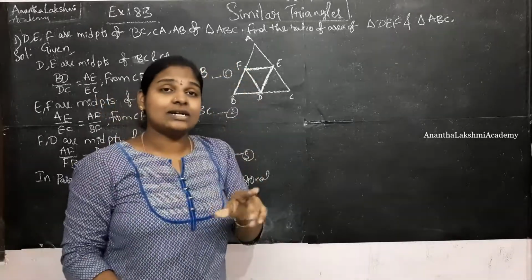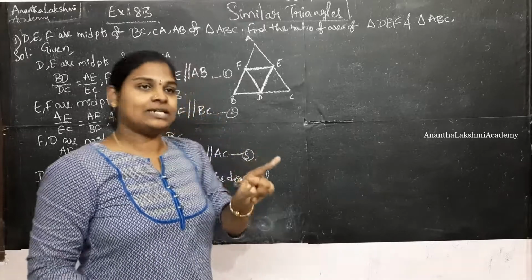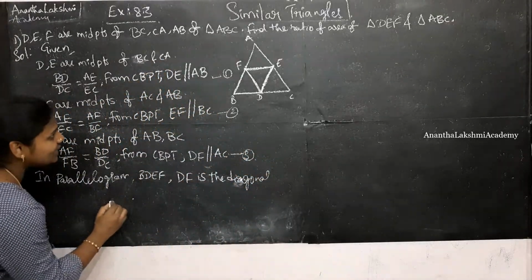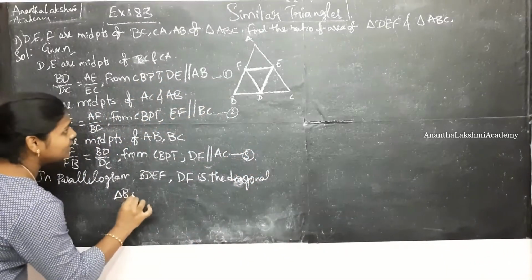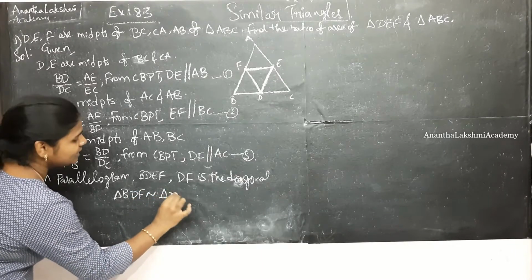So in a parallelogram, the diagonal splits the parallelogram into two similar triangles. Hence, can I say that triangle BDF is similar to triangle DEF?